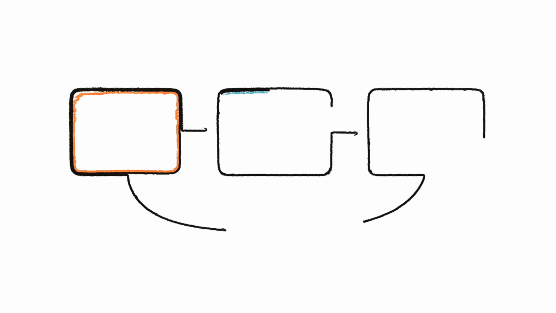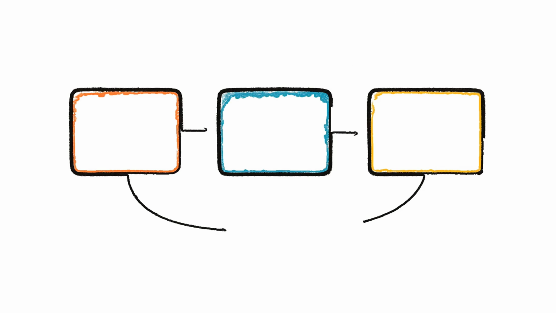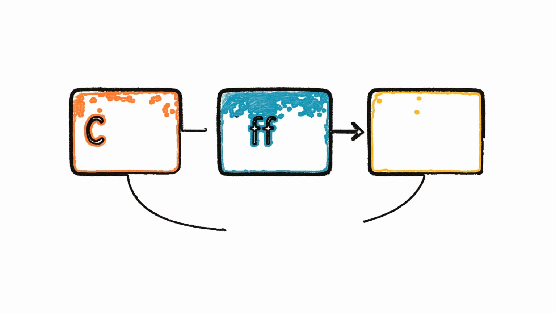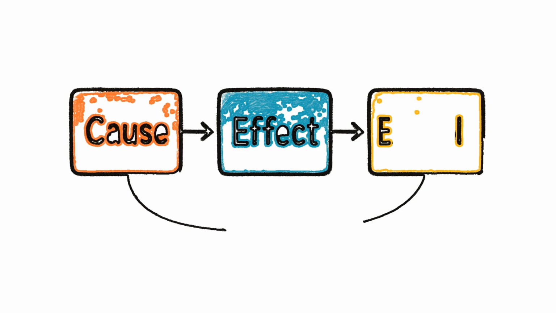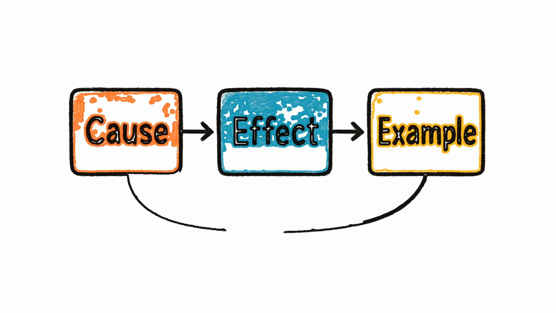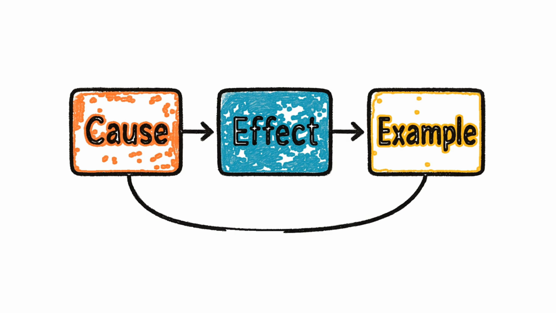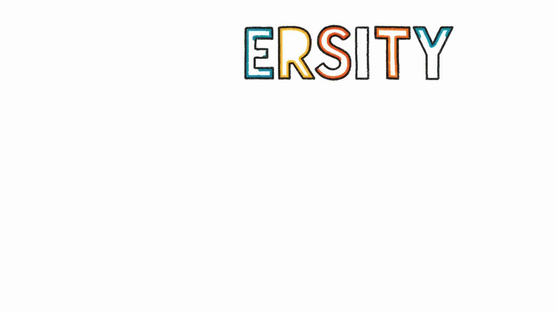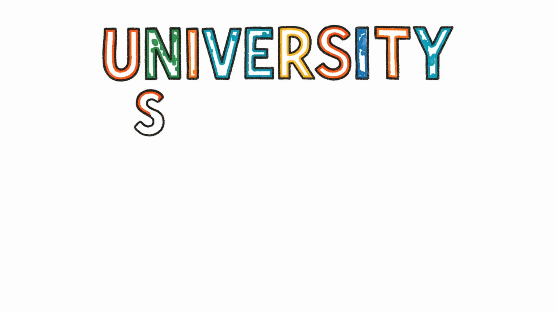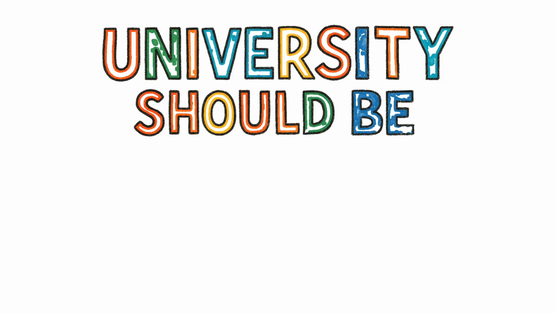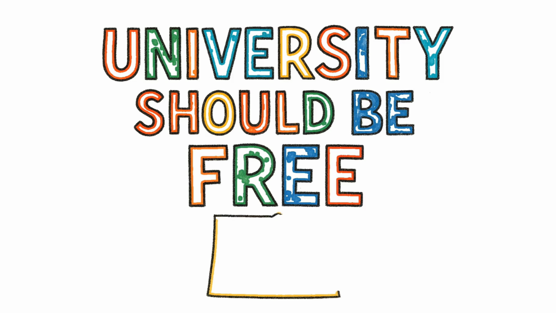Now for step 3, the most powerful and easiest technique: the cause, effect, and example formula. This simple structure will help you build a complete, well-supported paragraph for any idea. Let's use our topic: university education should be free. Let's brainstorm our first idea: equal opportunity. What's the cause?